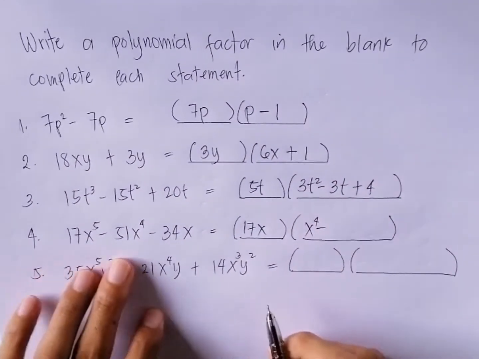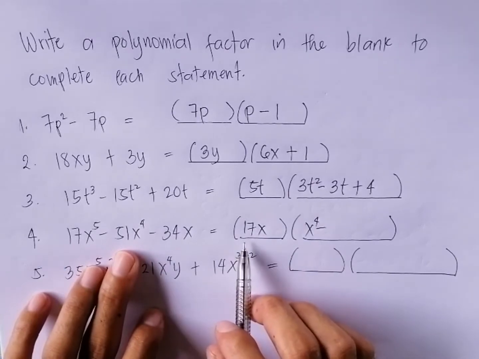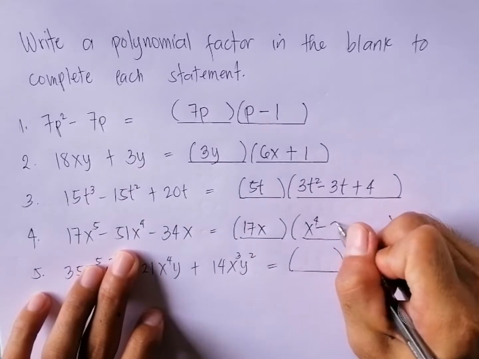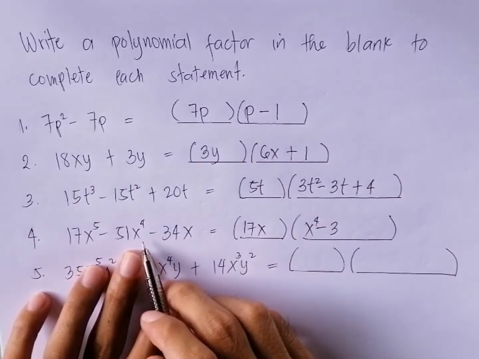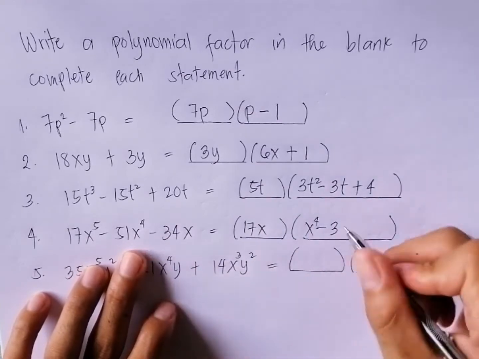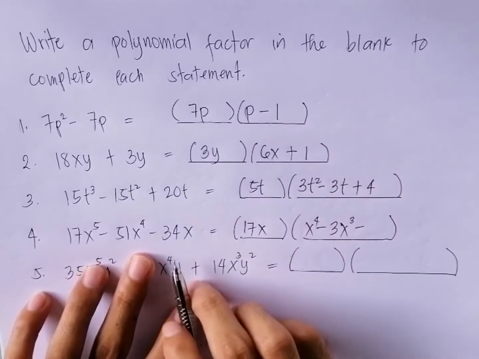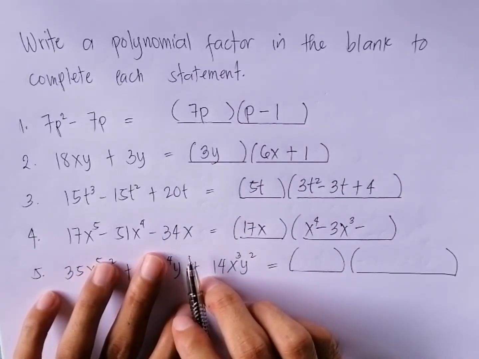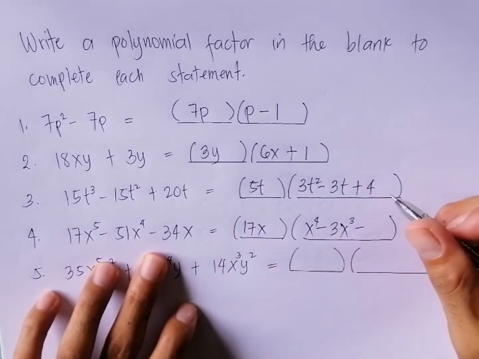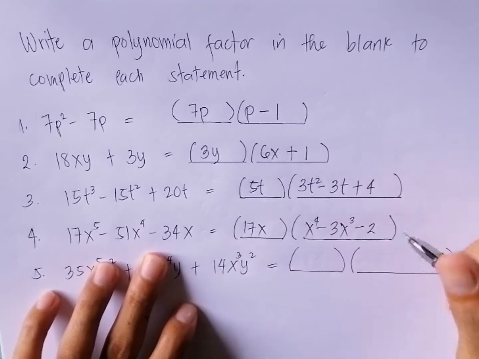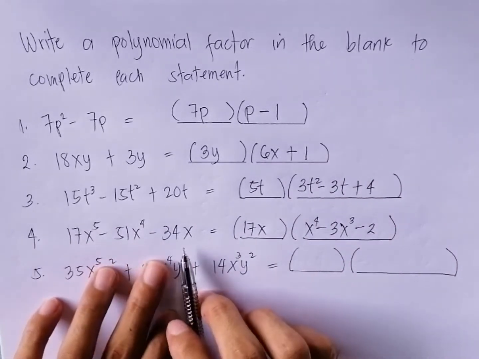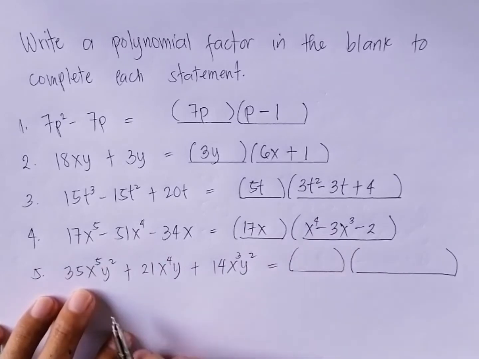Minus 51 divided by 17 is equal to 3. Then x raised to 4 divided by x is x raised to 3. Minus 34 divided by 17 is equal to 2. Then x divided by x is equal to 1.